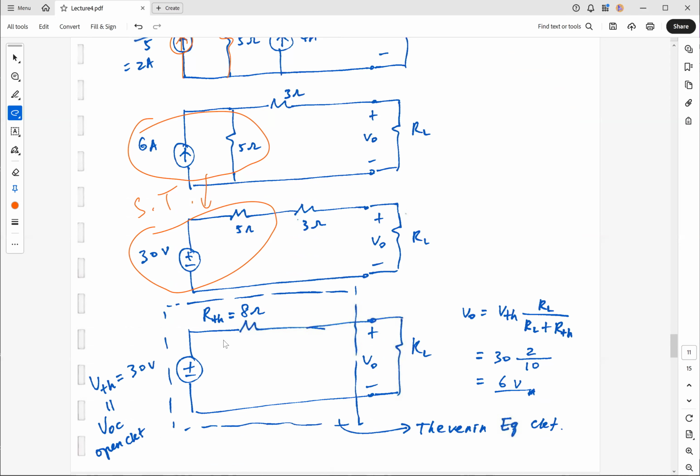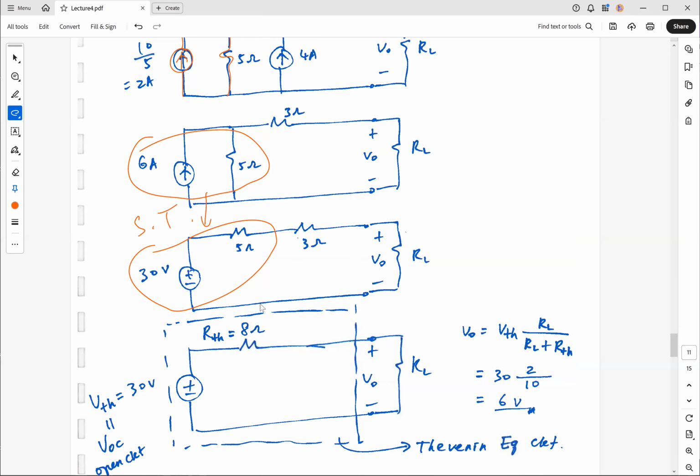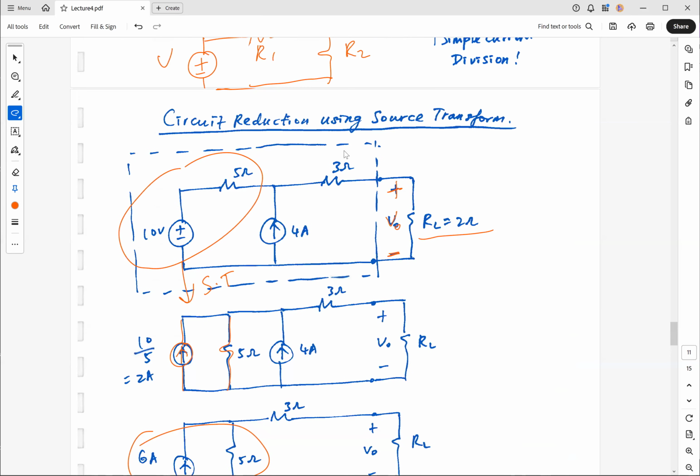Remember, only 1 voltage source and 1 resistor, nothing else, okay? If I were able to simplify my circuit from something like this, and in reality, it can be more complicated than just 4 components.